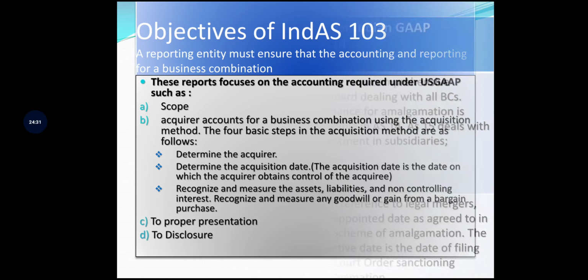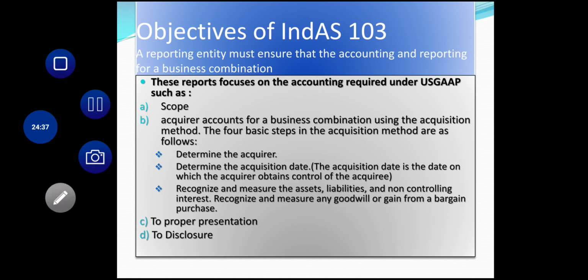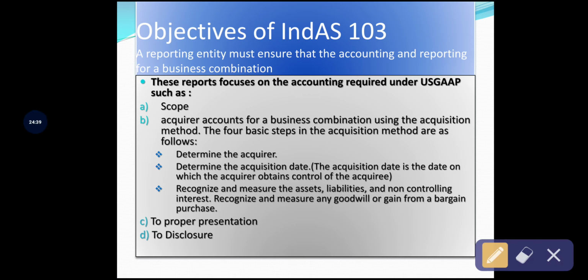So the third one, the organization must recognize the assets and liabilities and non-controlling interest, and recognize any goodwill or gain from the bargain purchase. This is another objective. Next, another objective is the proper presentation of the financial reports to the authority based on Indian Accounting Standard 103 accounting policies.